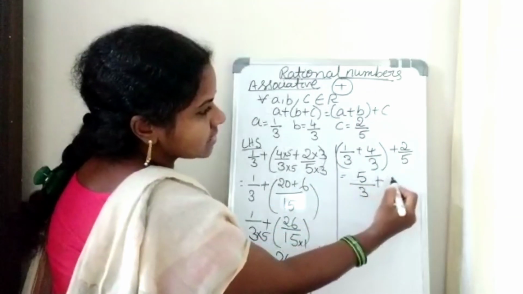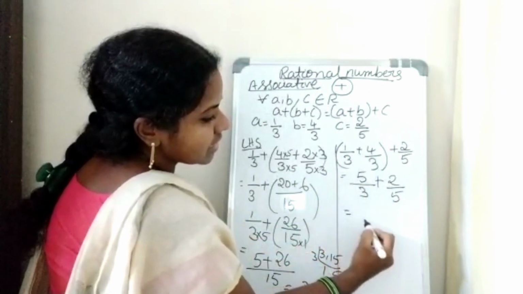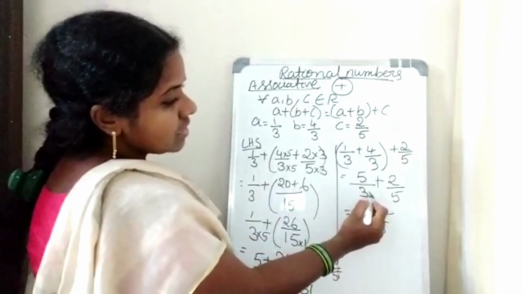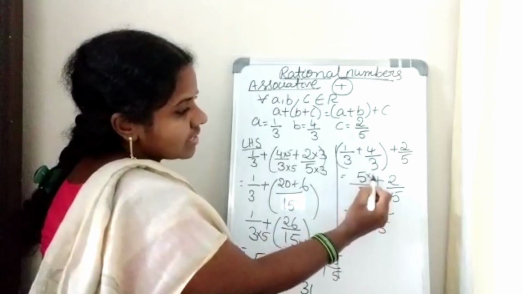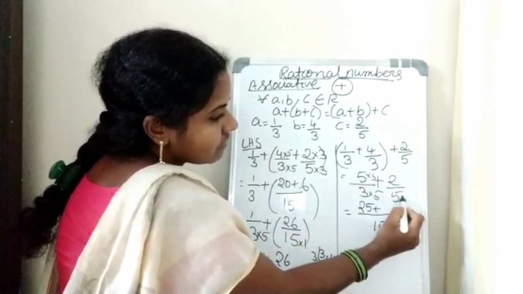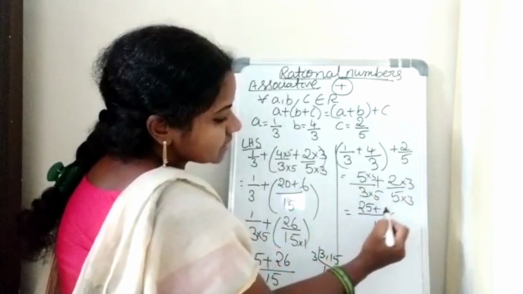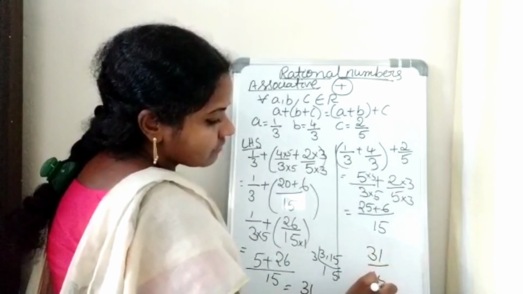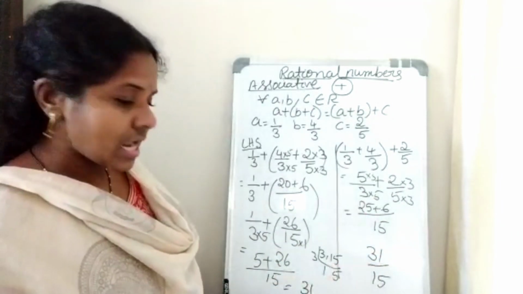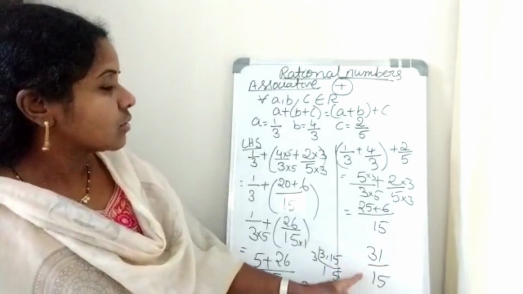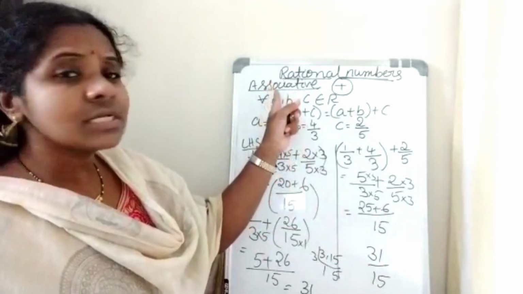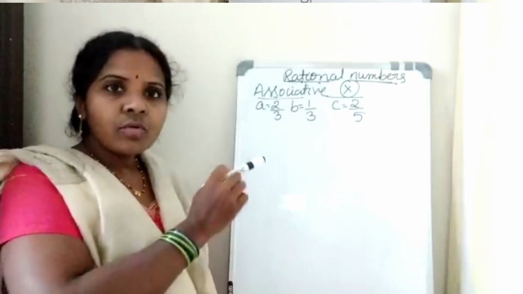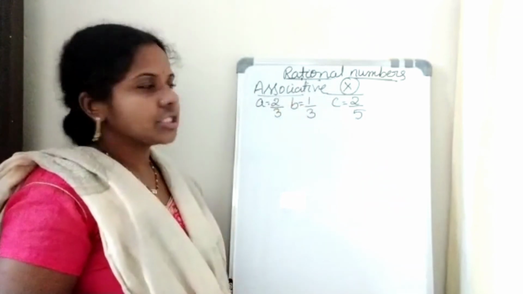Then 5/3 plus 2/5. The LCM is again 15, as they are co-prime numbers. 3 fives 15, so 5 fives 25, plus 5 threes 15, 2 threes 6. 25 plus 6 is again 31 by 15. So LHS and RHS are equal. So here the associative property is satisfied under which operation? Addition.